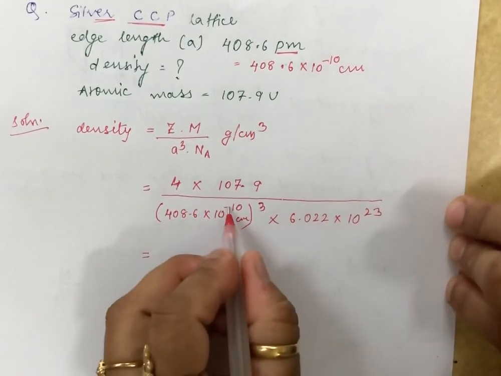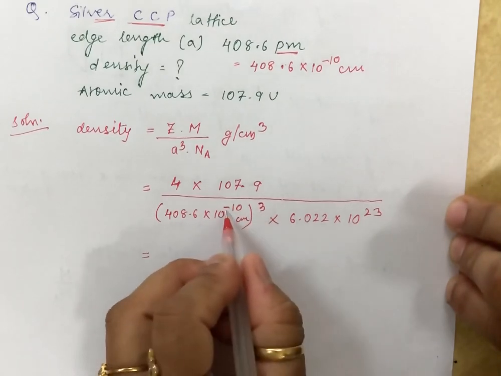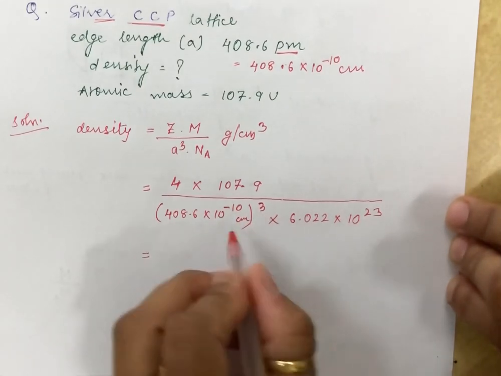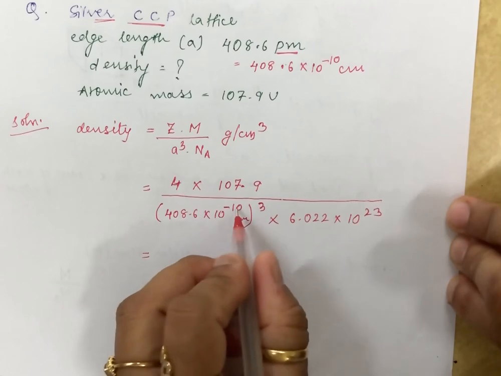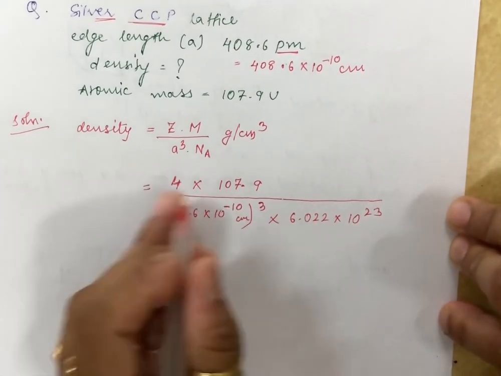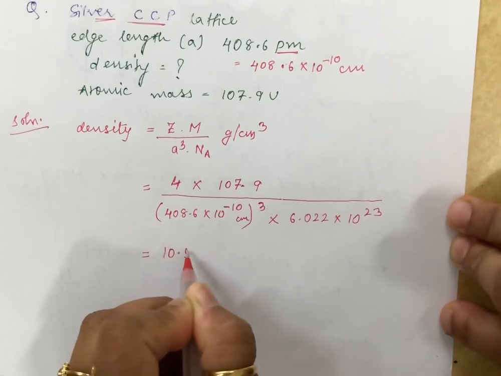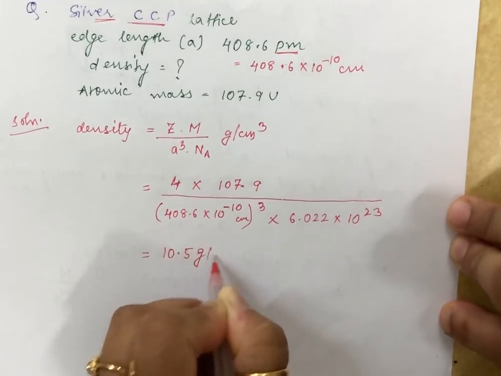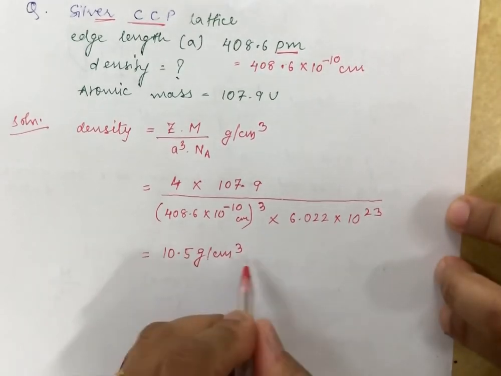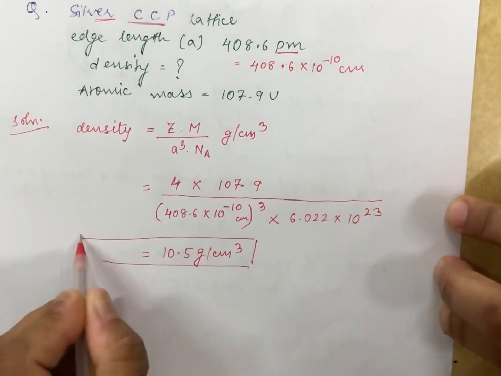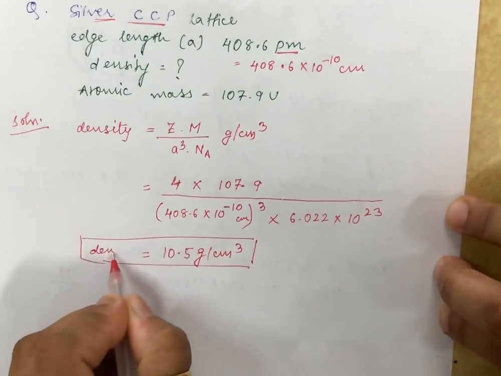So students, this is minus 10 and 3, so it becomes minus 30, and it is 23. It will get cancelled. You will be left with 10 to the power of minus 7 in the denominator, and using a calculator, if you calculate this, the answer comes out to be 10.5 grams per centimeter cube. So this is how you find out the density.